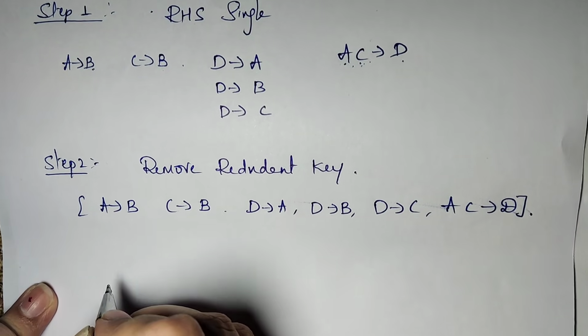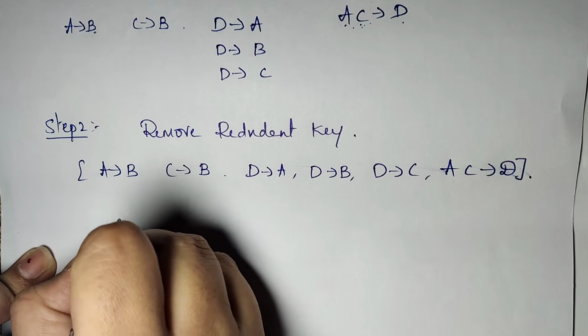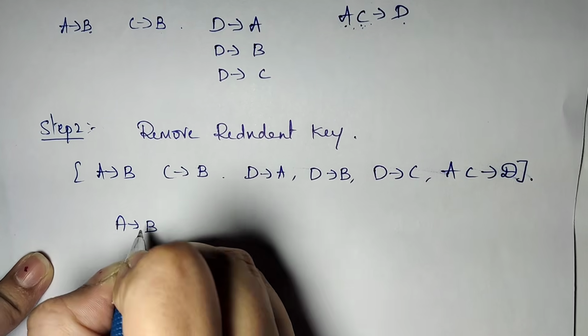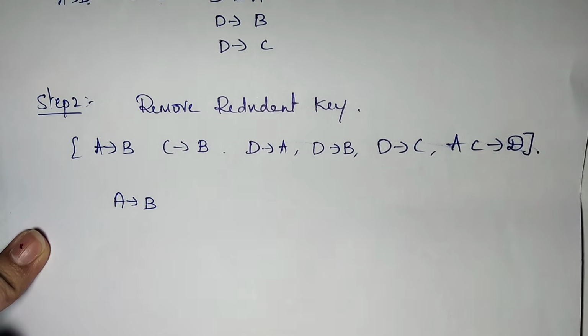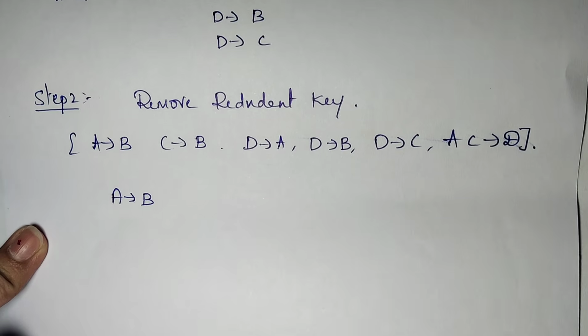If you want to remove A tends to B, the first thing is that we need to find the A closure.